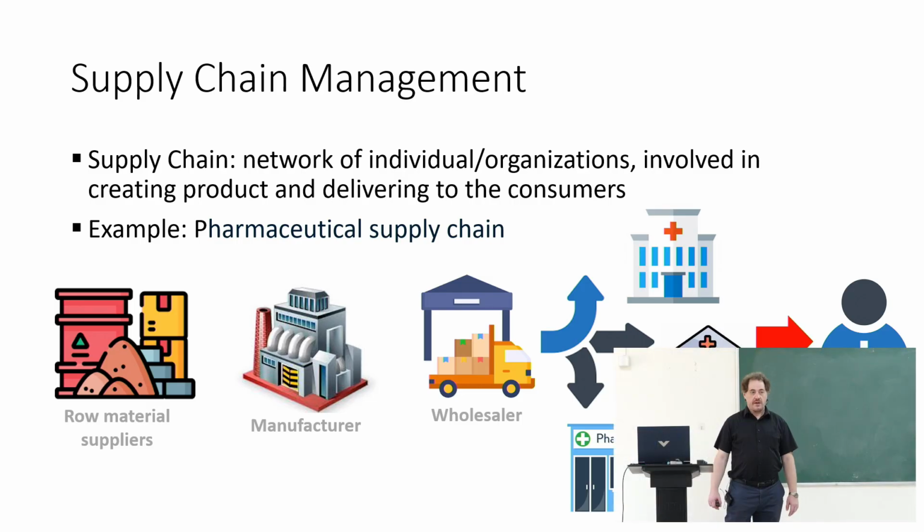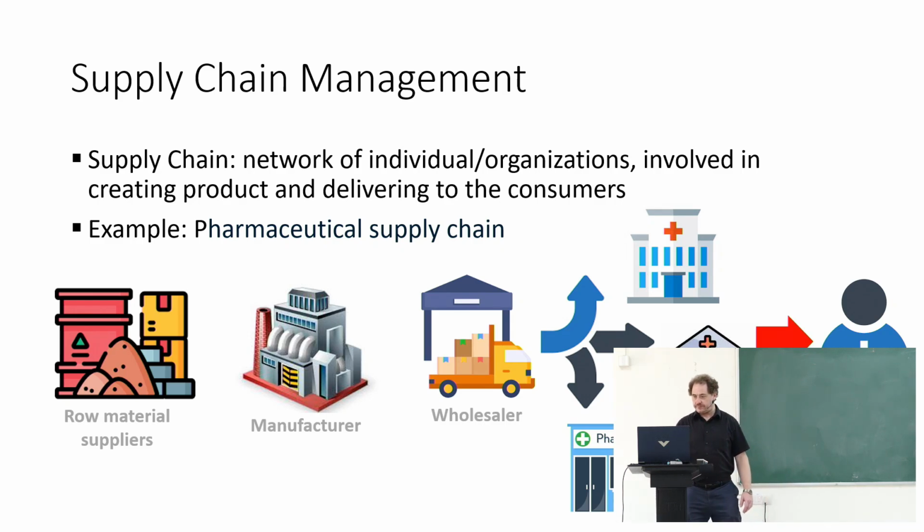Of course, it depends. There are some small supply chains, but in a typical manufacturing, say pharmaceutical, say medical products, there could be up to 100 different participants, right? So that would be a typical scale of a supply chain.